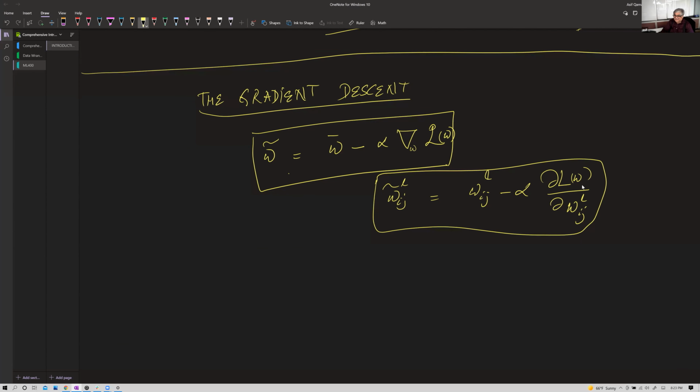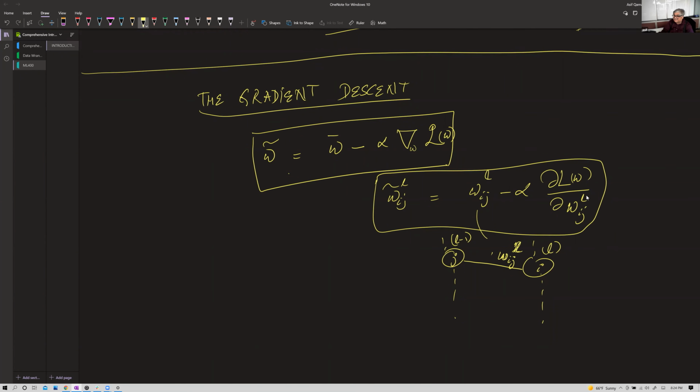This particular thing is from the ith node in the lth layer, coming from the jth, the edge connecting from the L-1 layer. The weight on this edge is Wij, right? This is what it is.